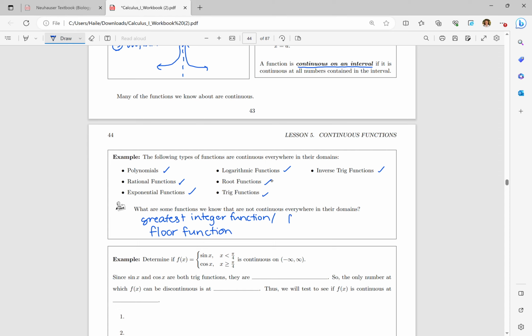We write this as either a double bracketed x or x with these little bottom brackets to represent the floor. That's a function I can think about, and it looks kind of like this.